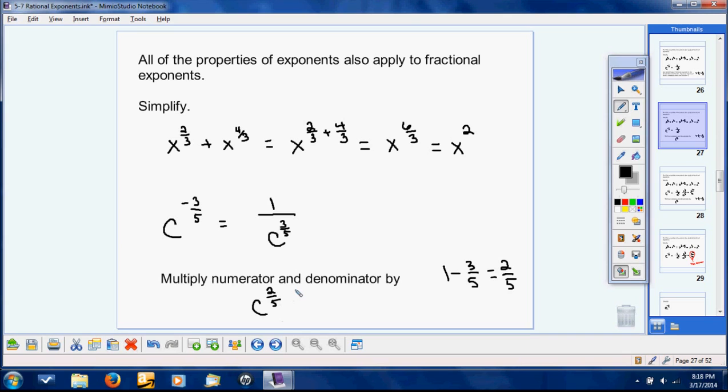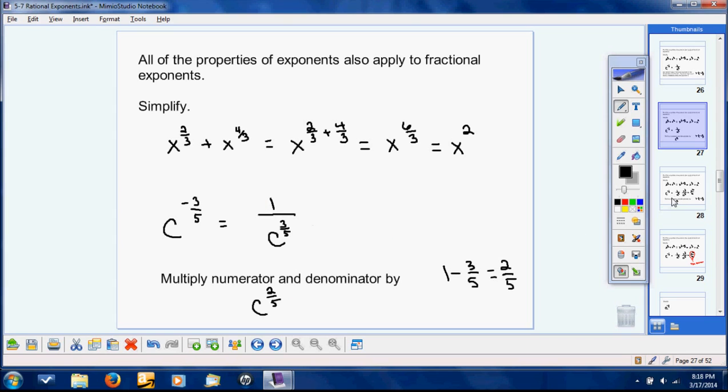That's sort of what we were doing when we had the radicals before. Make sure you get a chance to write that down. Multiply numerator and denominator by c to the 2/5 power.